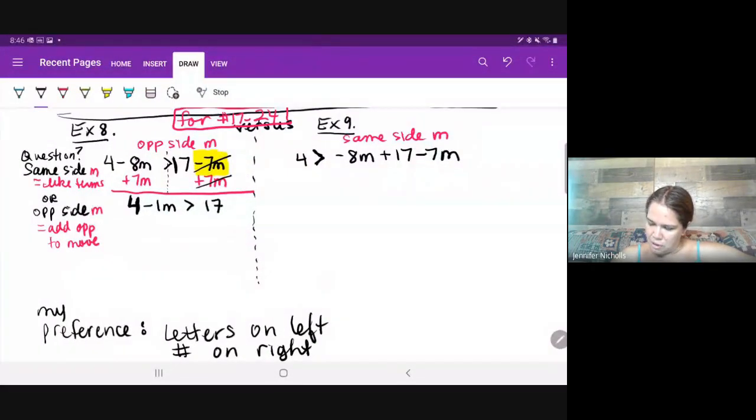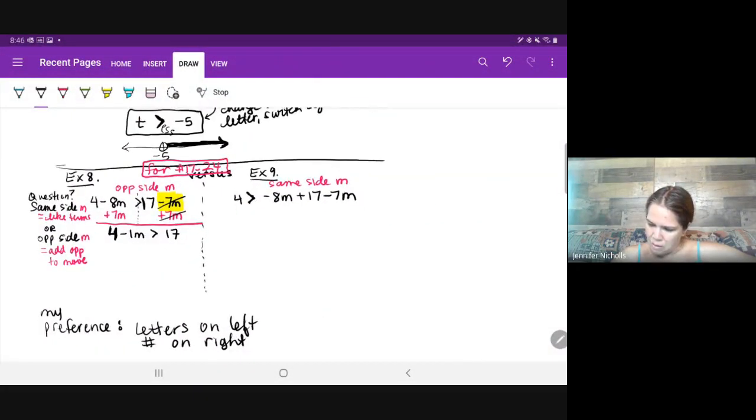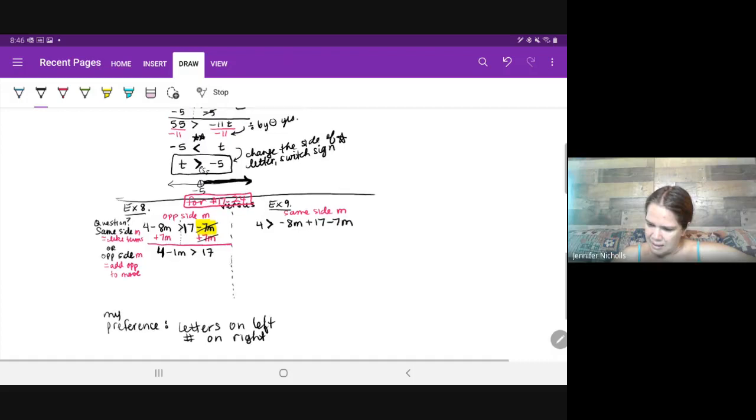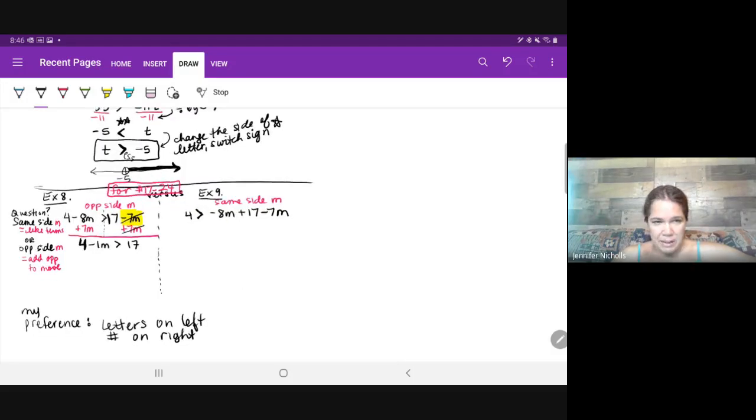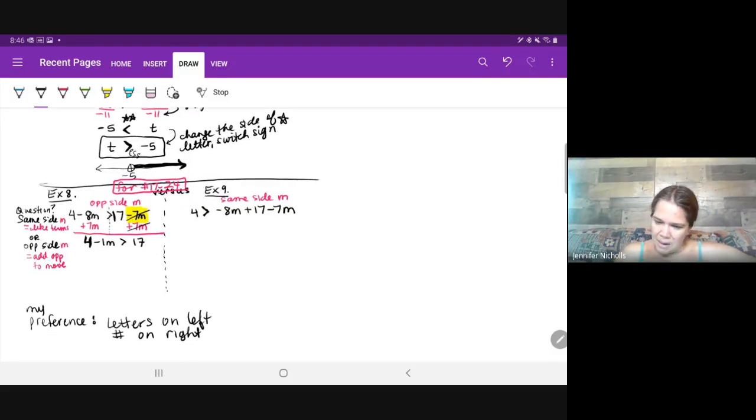Because if not, do you see the one we just had with the T? Right here, I'm going to highlight it so you could see it. I don't like my T's on the right. My brain is confused when the T's are on the right. So I like my letters on the left, if possible.